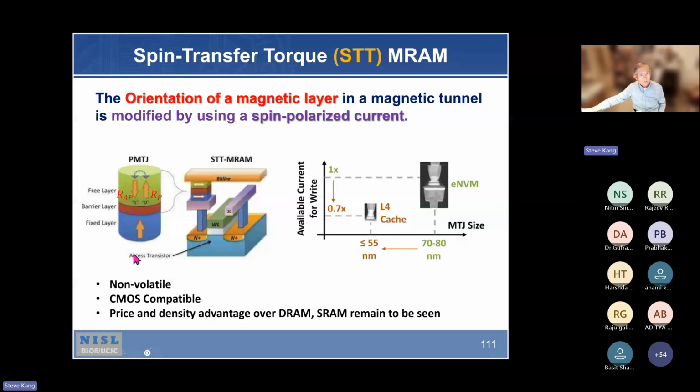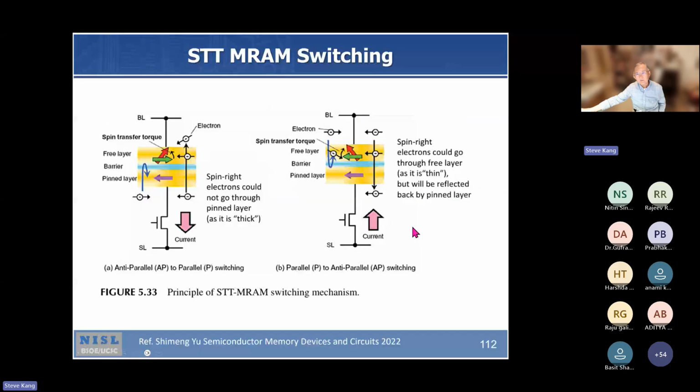So depending on the current, the polarization direction changes, and it changes the state of the memristor. So this is further illustration. When current flows this way it is one state, when current flows the other way it is the other state. That's how they control this switching and resistance.